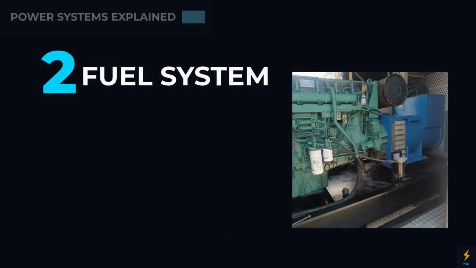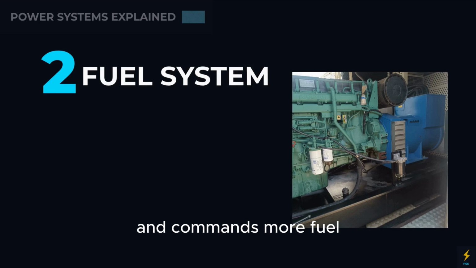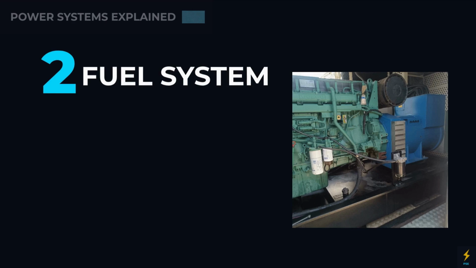Number two, the fuel delivery system. Even if the governor reacts perfectly and commands more fuel, if fuel can't get there fast enough, the engine can't respond.